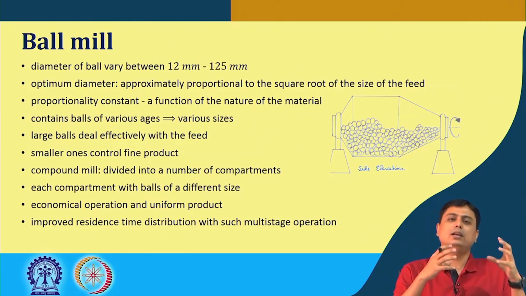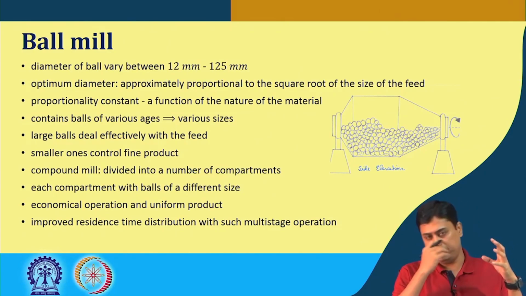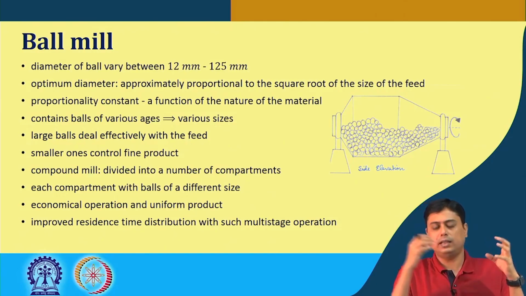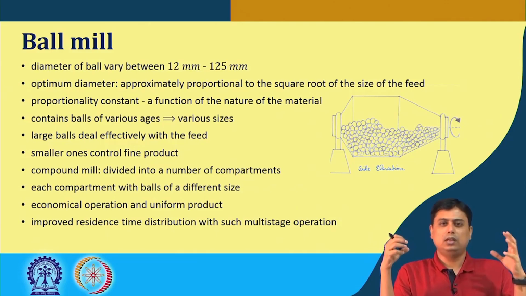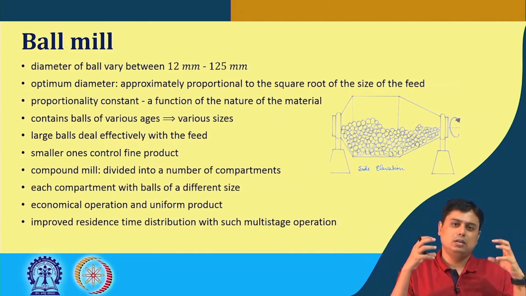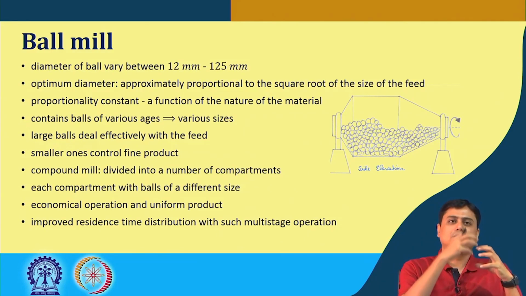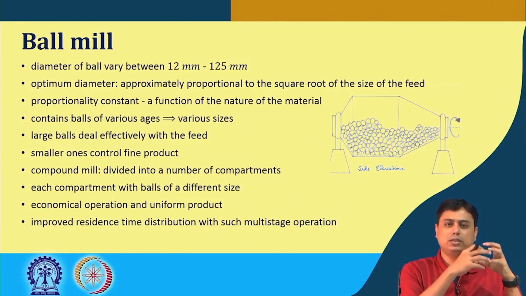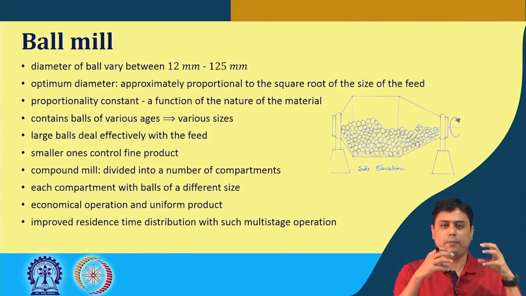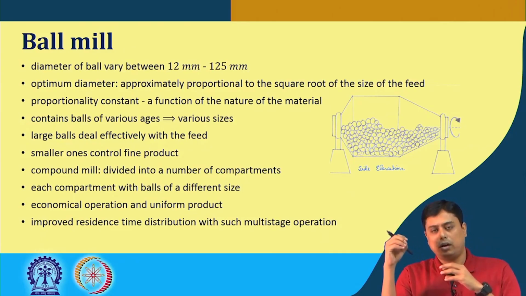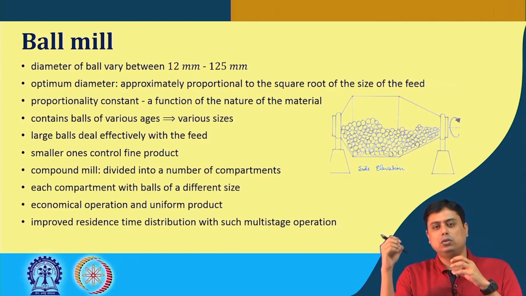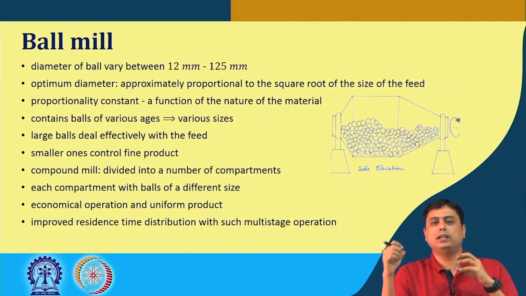So, when the feed is the most coarse material and the product, if I say, is the most finer material, then the large balls crush the coarser feed in the most efficient way, and the smaller balls handle the size reduction for the finer particles.